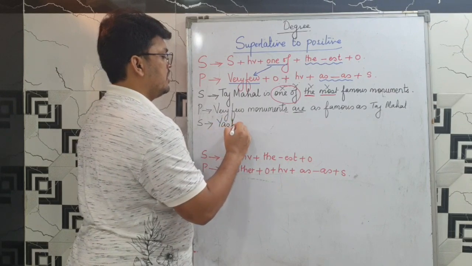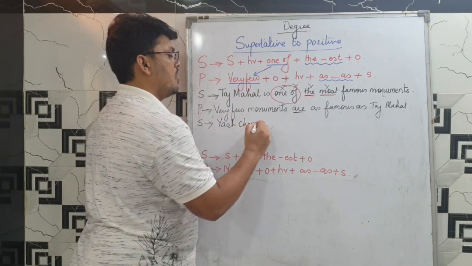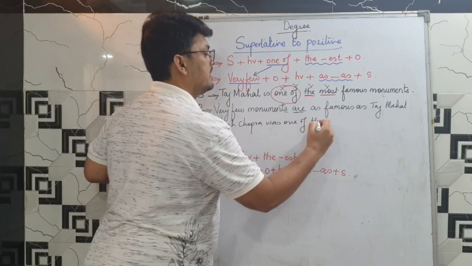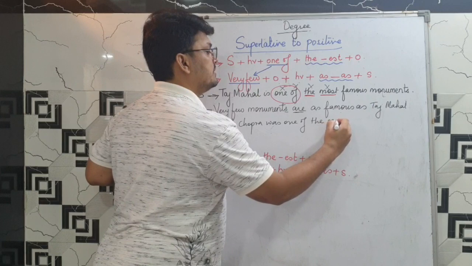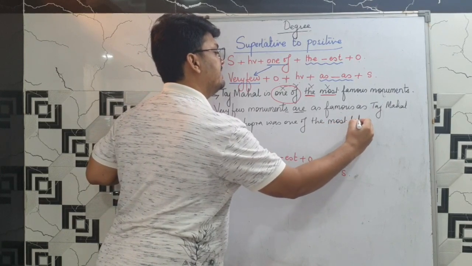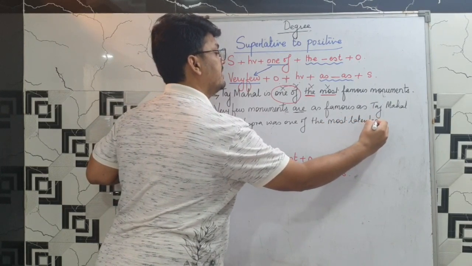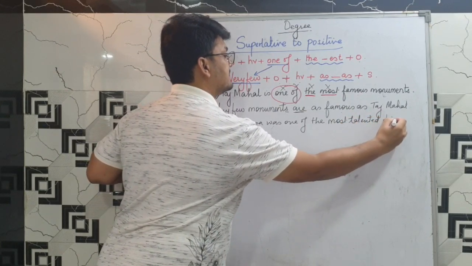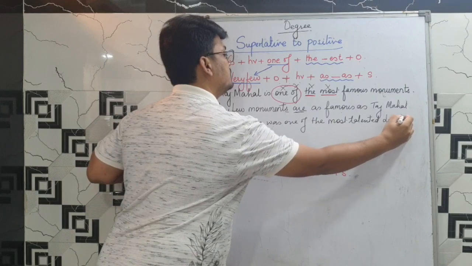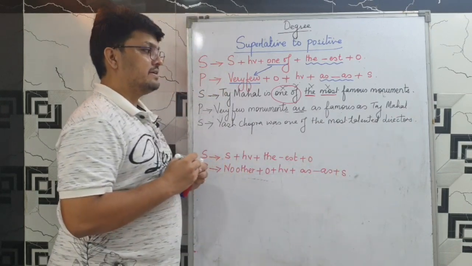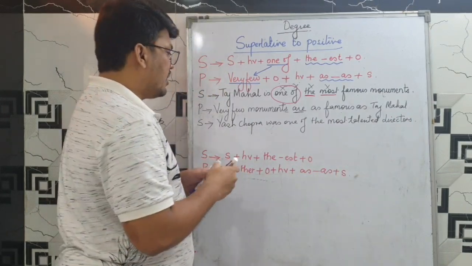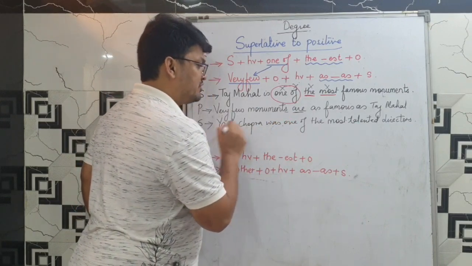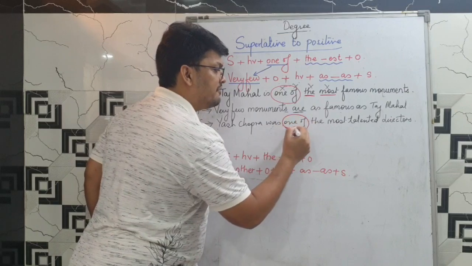Yash Chopra was one of the most talented directors. One of the most talented directors. So you can see, students, here also this superlative degree started with a subject, and here we can see one of.